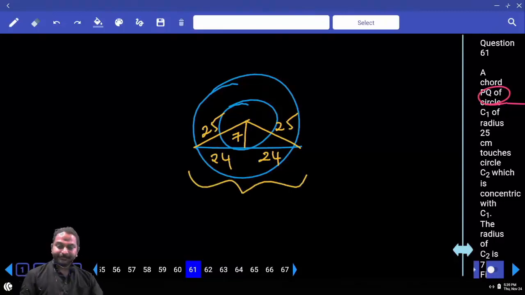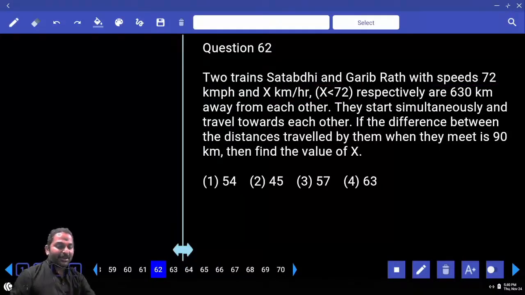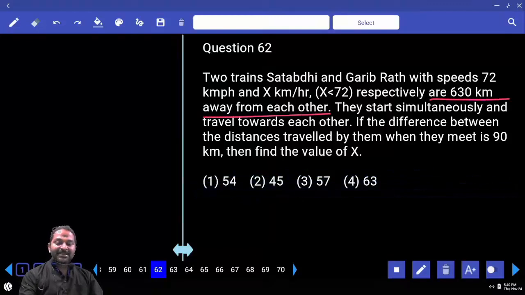Okay now. Right, next. Two trains, Shatabdi and then Garib Rath, with speed 72 km per hour and x km per hour, where x is less than 72. So speed of the first train is more than the speed of the second train. Agreed? Are 630 kilometers away from each other.